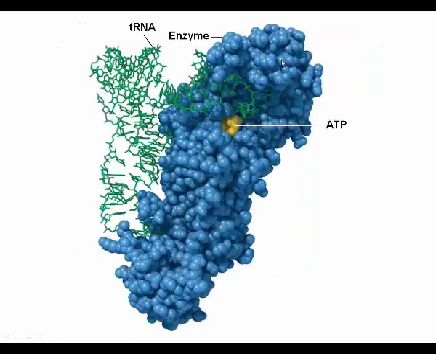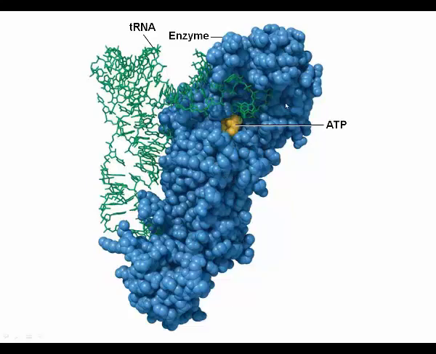There are amino acid attaching enzymes that actually recognize the anticodon and the amino acid attachment site. And these enzymes, with the help of ATP, because it's an energy requiring process, attach the correct amino acid to the tRNAs. So you've got 20 different types of these synthetases, or attaching enzymes, out in the cytoplasm, one type for each amino acid.